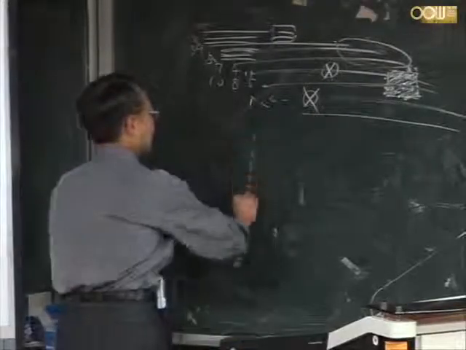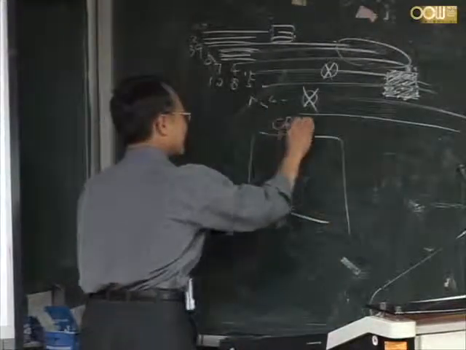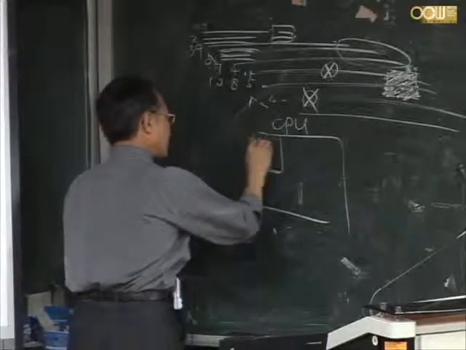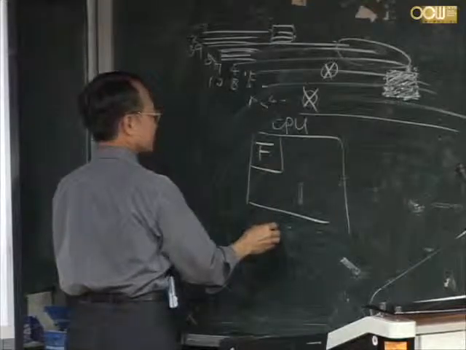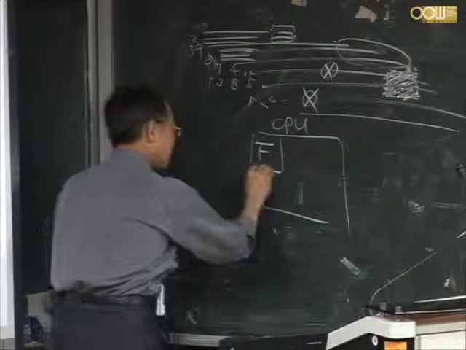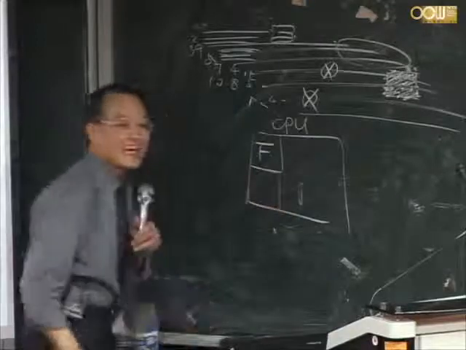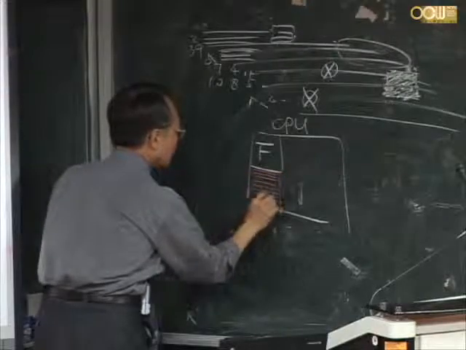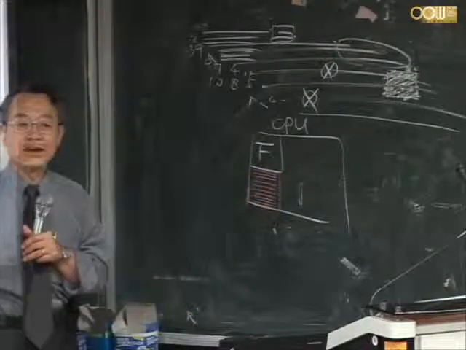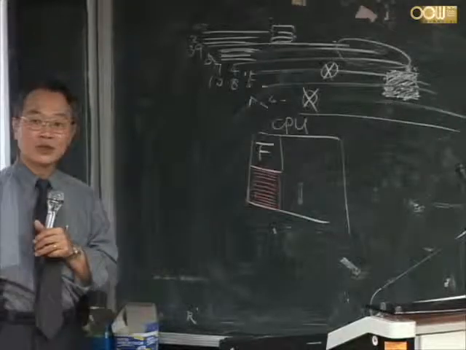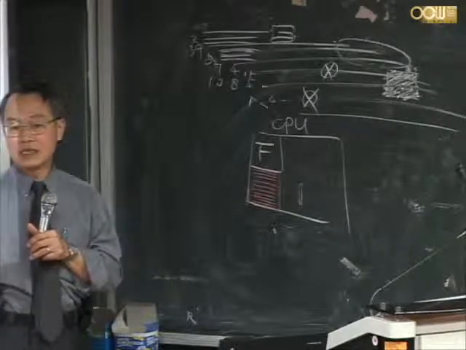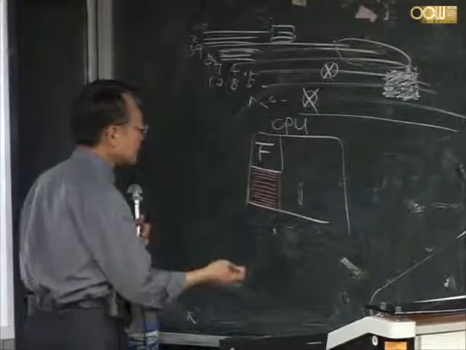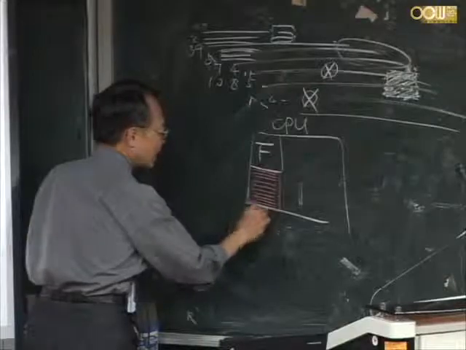If this is my CPU, since I want to scramble the order of execution, and this is my fetcher, here I put a big table to record the order of the instructions that I fetched in. Whenever I fetch a new instruction, I add it to the tail of this table.